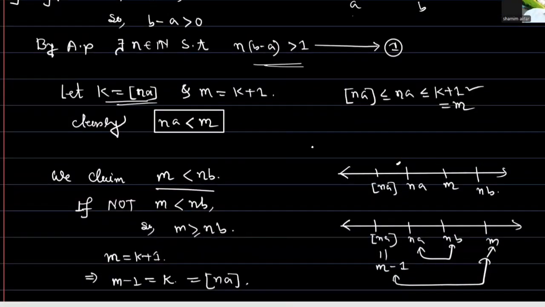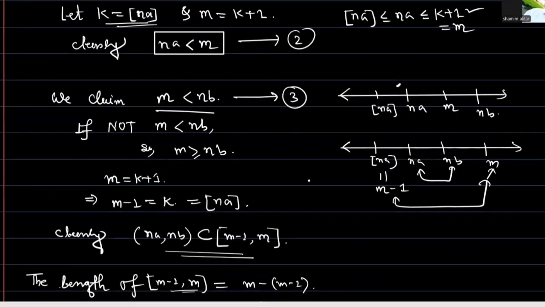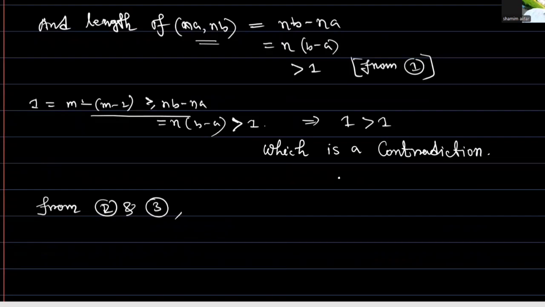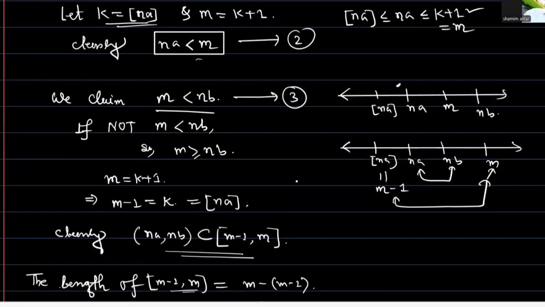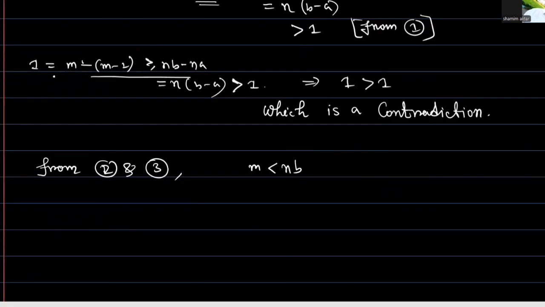Now numbering these as equation number 2 and equation number 3. From 2 and 3 we have m less than nB and greater than nA.